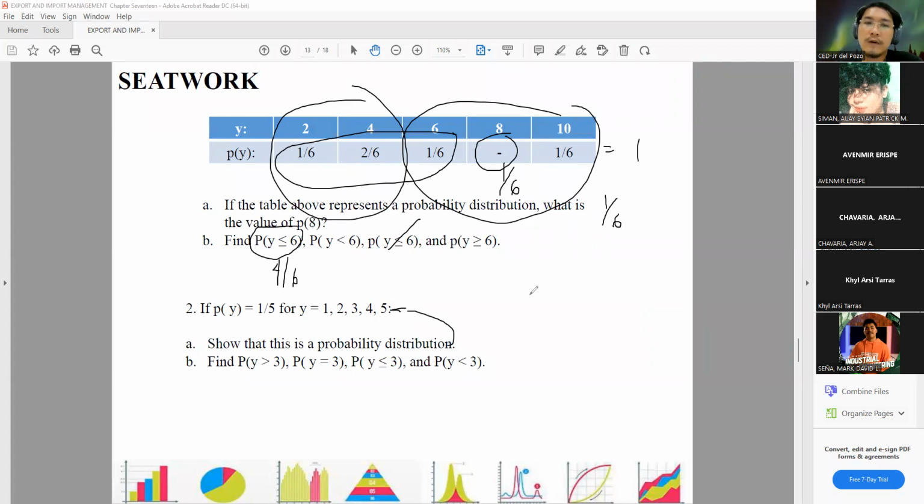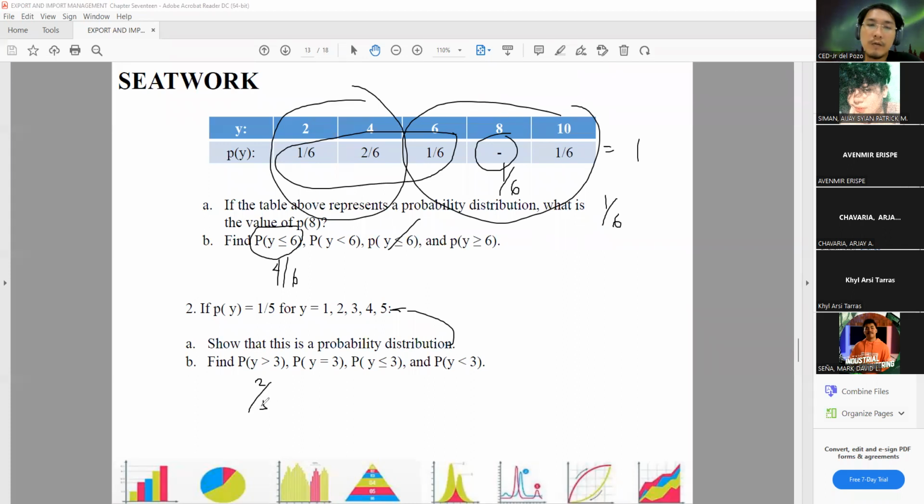Okay, now letter B. Find P of y is greater than 3. What is the value? Greater than 3. Anong value niya? 2/5, yes.